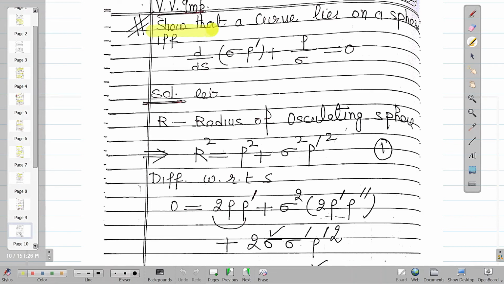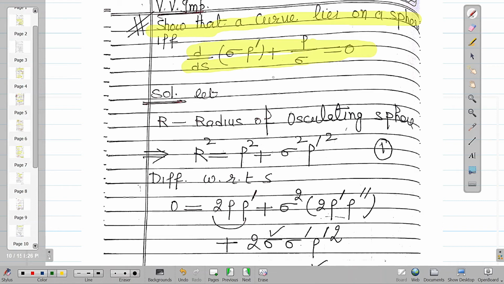Now, show that the curve lies on a sphere if and only if it satisfies this differential equation. So, it means if the curve lies on a sphere, then this differential equation is satisfied. If this differential equation is satisfied, then the curve lies on a sphere.